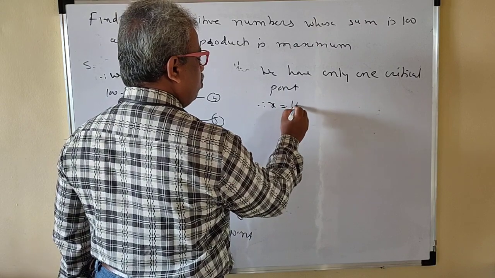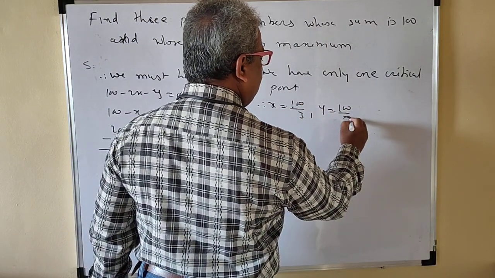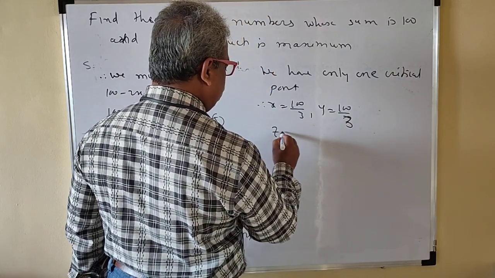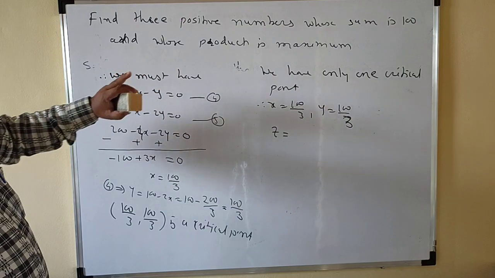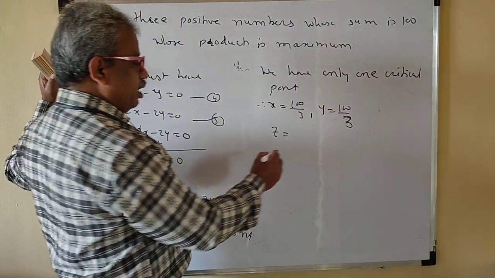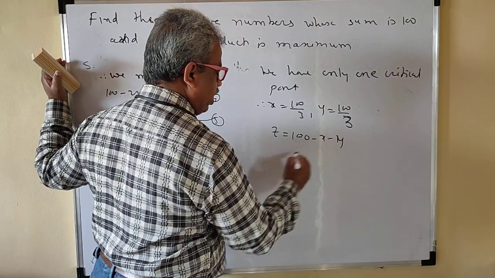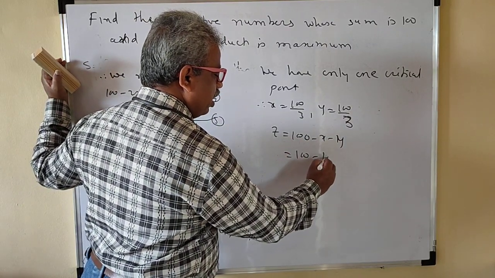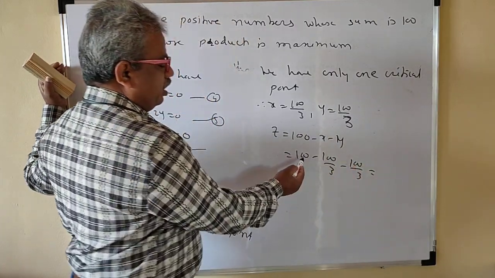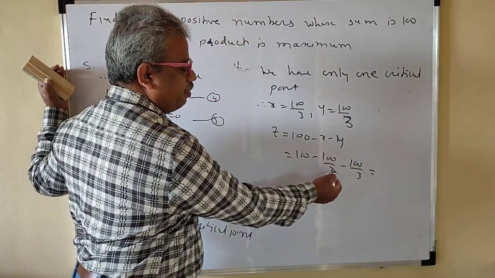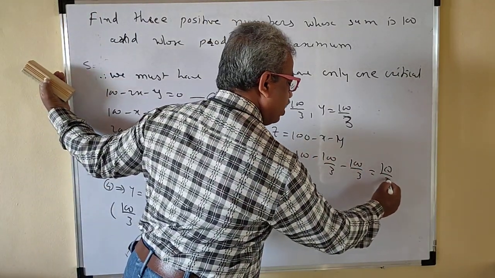Therefore, x is equal to 100 by 3, y is equal to 100 by 3, and z is equal to what? So x plus y plus z is equal to 100, right? So z is 100 minus x minus y. So this is 100 minus 100 by 3 minus 100 by 3. So this is 300 minus 200 by 3, which is 100 by 3.